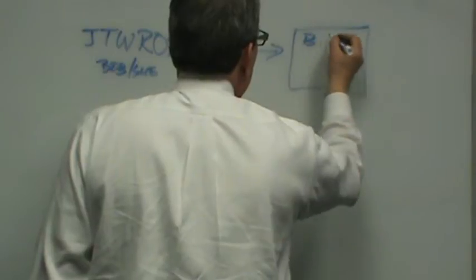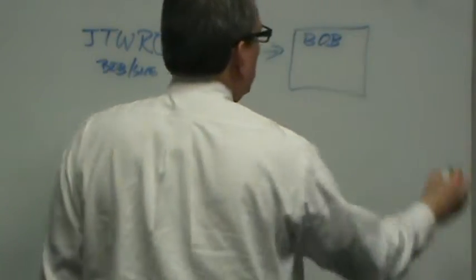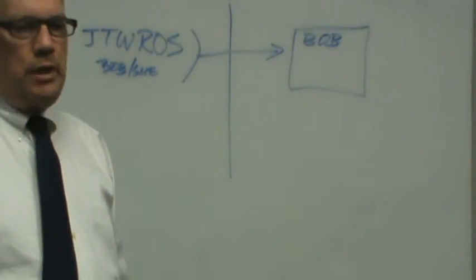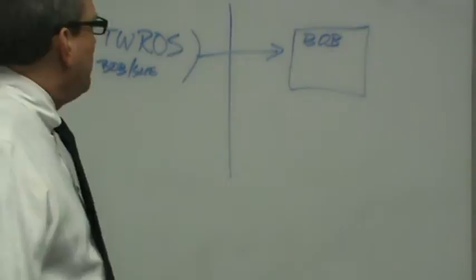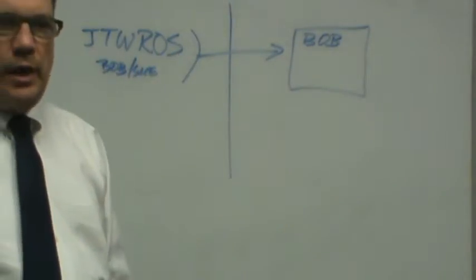If it's Sue that passes away, they're re-registered in Bob's name. If it's Bob that passes away, re-registered in Sue's name. Whoever the survivor is has that right of survivorship.